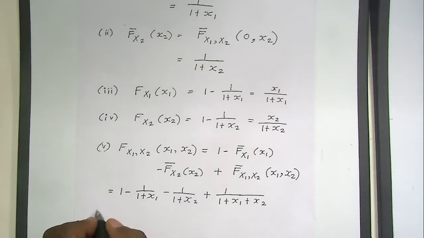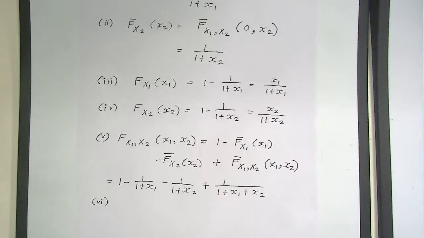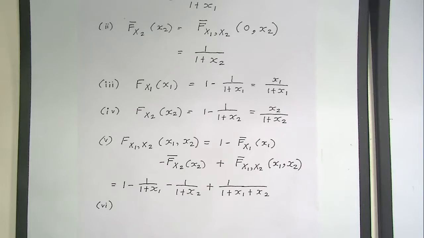And finally is to find the joint PDF. To find the joint PDF, there are two formulas you can use, right? In this case, you will prefer to use the one that involves the joint survival function, because that is easier to deal with.